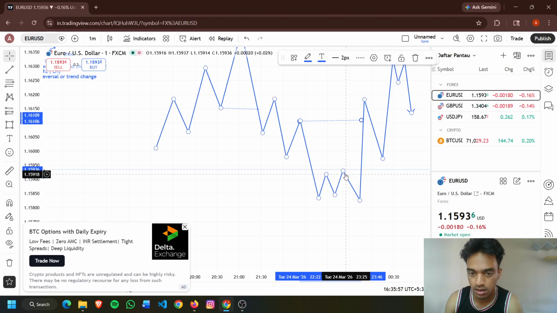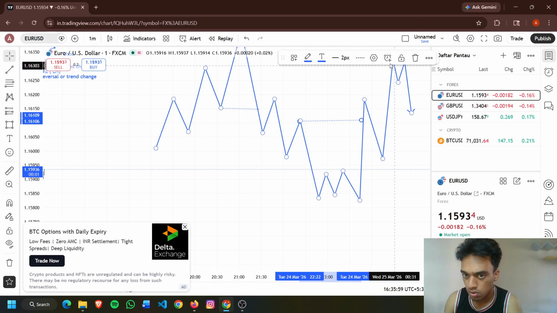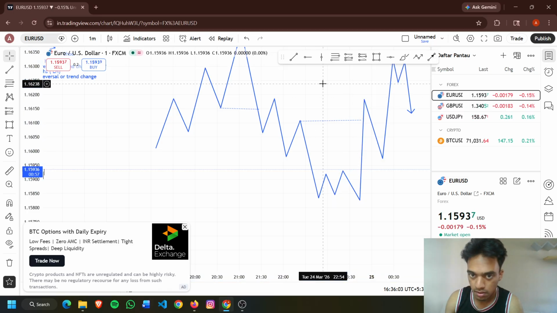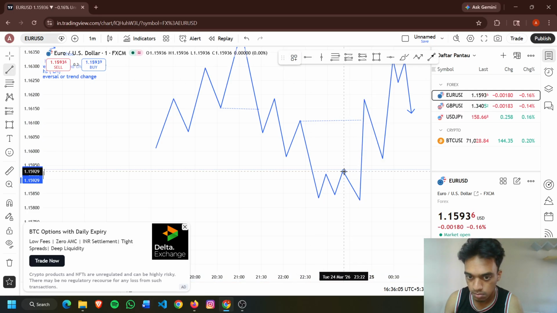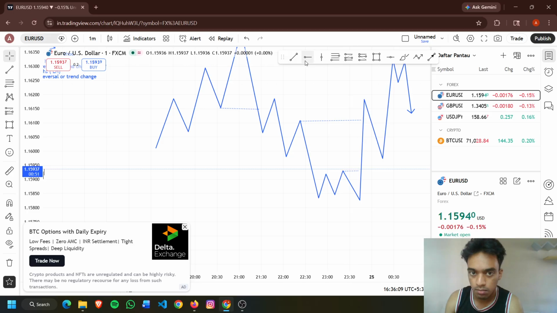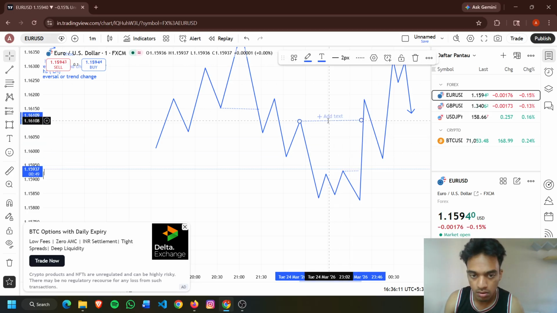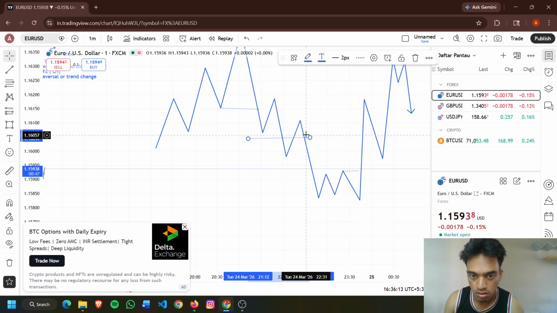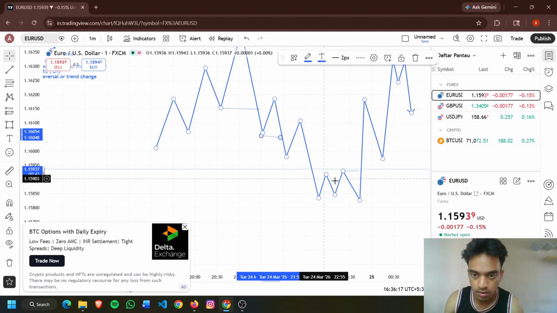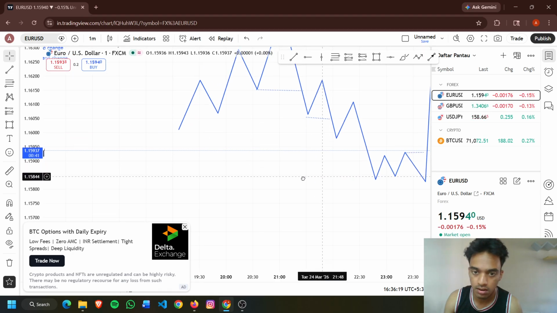This is a change of character, or you could also say this is also a change of character. This is basically where the change of character happened, and the break of structure will be happening over here. These are break of structures when it's a downtrending market.